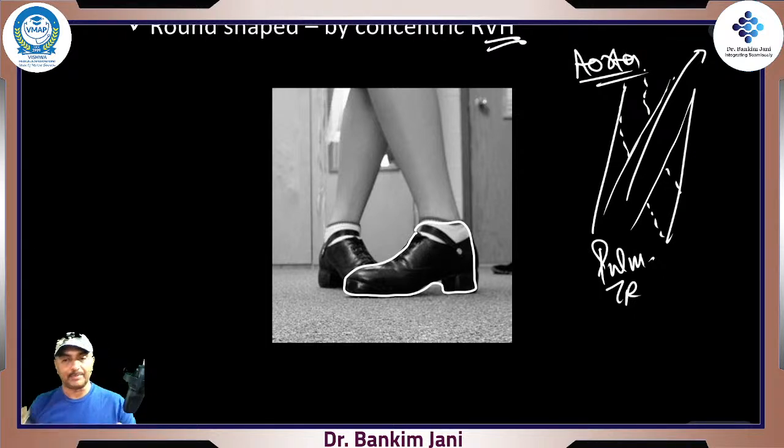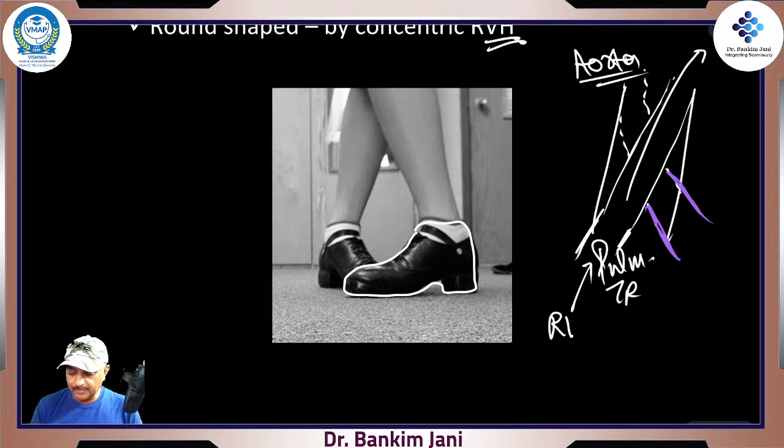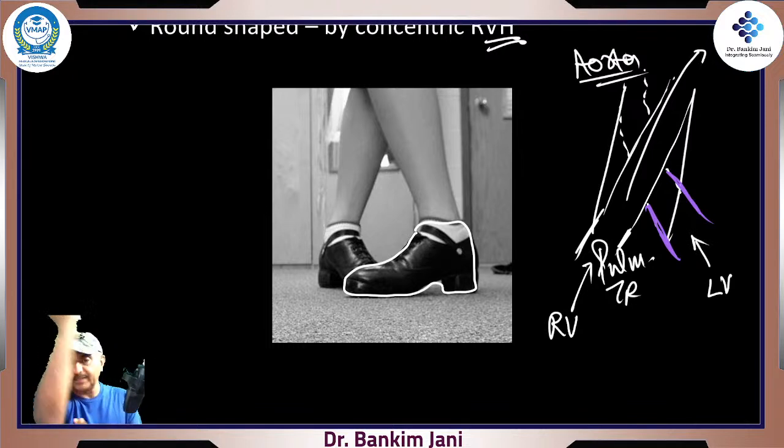So they both are separate. Here it goes like this, and this aorta, as I changed color, goes like this. So things are pretty easy and neat. Here it is from the right ventricle and from here it is from the left ventricle. Though it is left, aorta goes to the right side and then goes posteriorly.